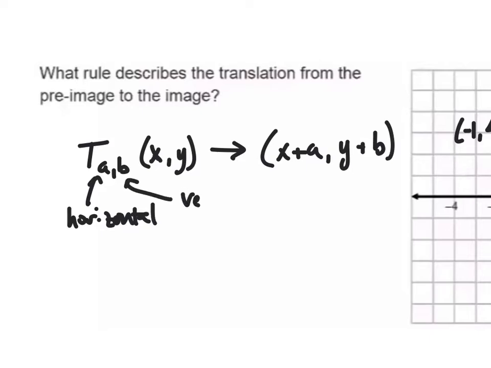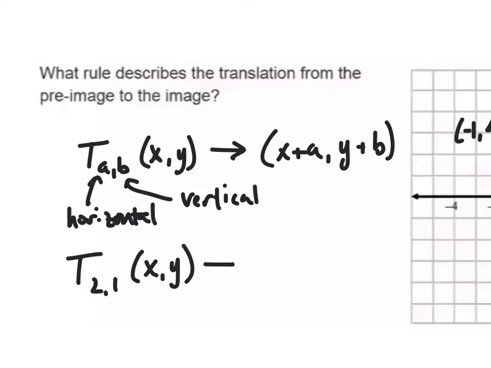For this example, I've got a translation of 2, comma 1, meaning that I would take the point x, comma y, and the translation of this would become x plus 2, comma y plus 1.